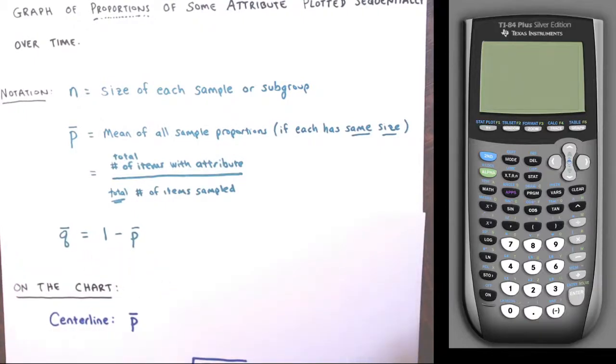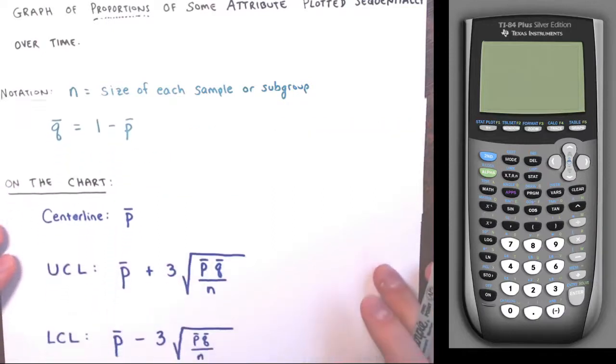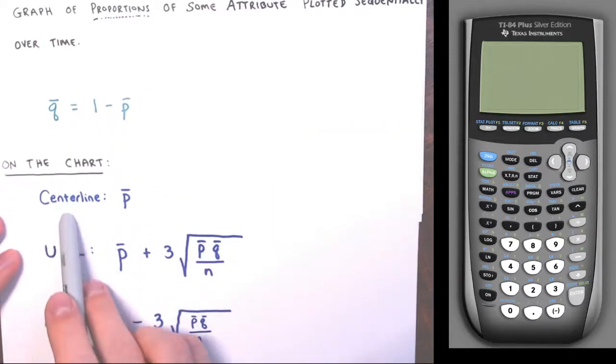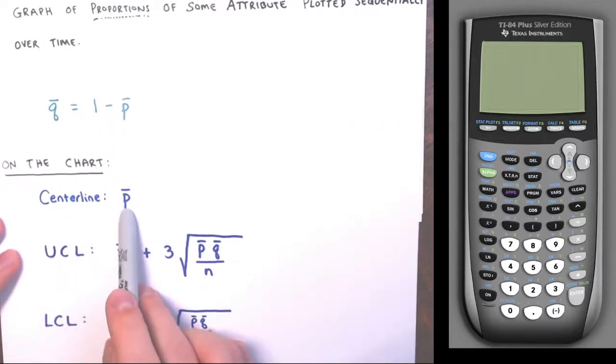All right, then on the chart itself, those three lines: the center line, the upper control limit, the lower control limit. Where are the values for these three lines? The center line is at P bar, the mean value of the proportions.